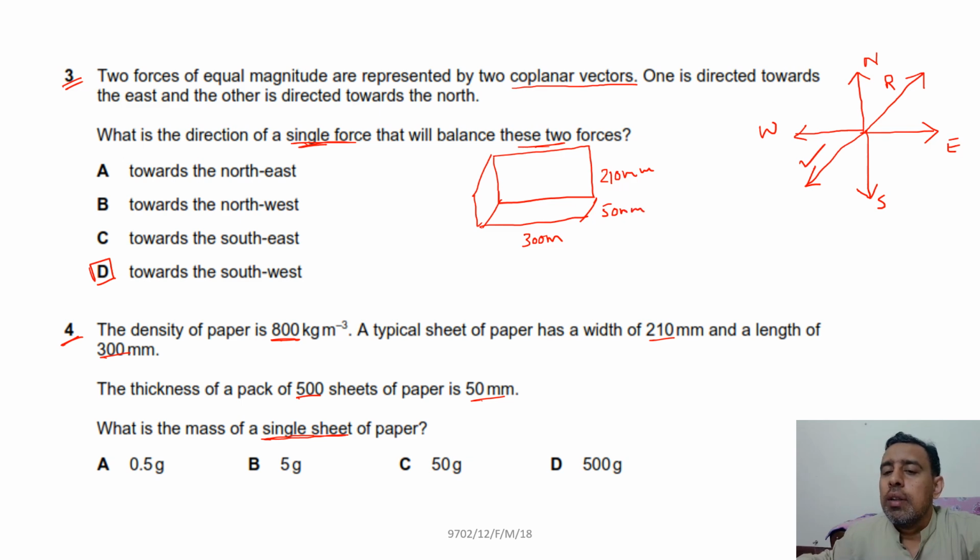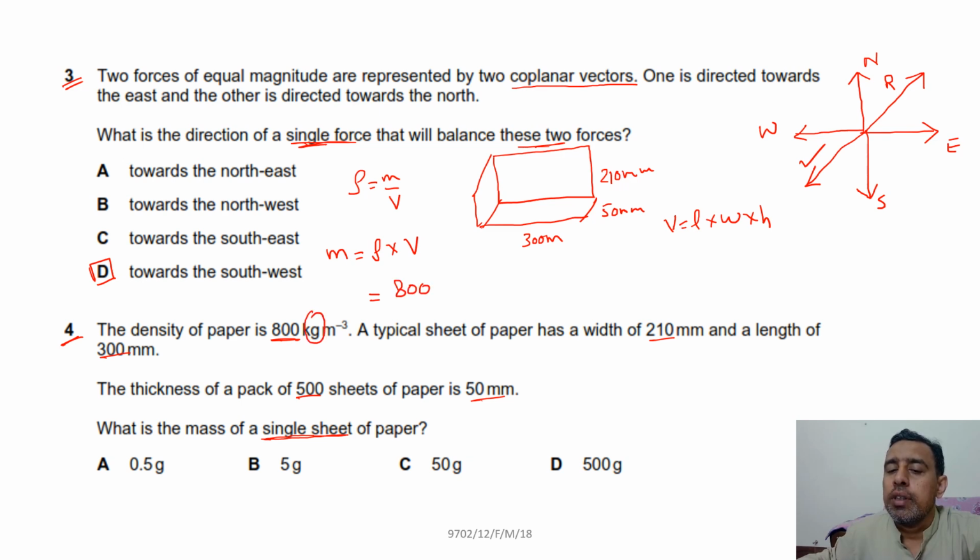By all these dimensions we are able to get the volume. The volume is in fact length into width into height. And to get the mass, you know the relation, that is density is equal to mass over volume, then mass is equal to density into volume. The value of the density is 800 kg per meter cube.